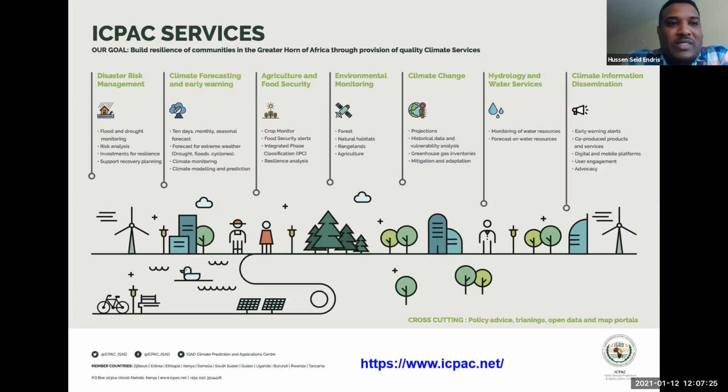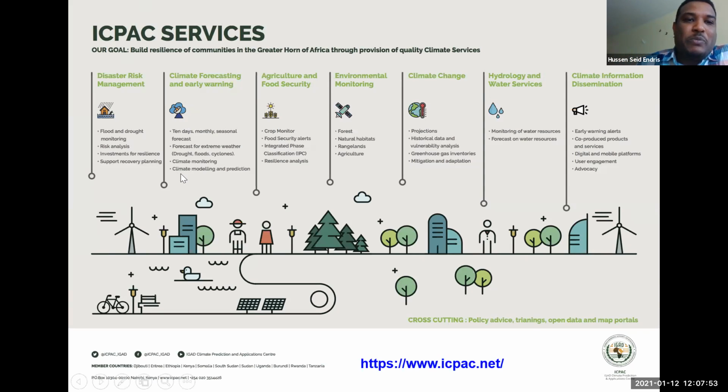In terms of the service, we have units of disaster risk management, climate forecasting and early warning, agriculture and food security, environmental monitoring, climate change, hydrology and water resources, and climate information dissemination. So the core function of ICPAC is climate forecasting and early warning.